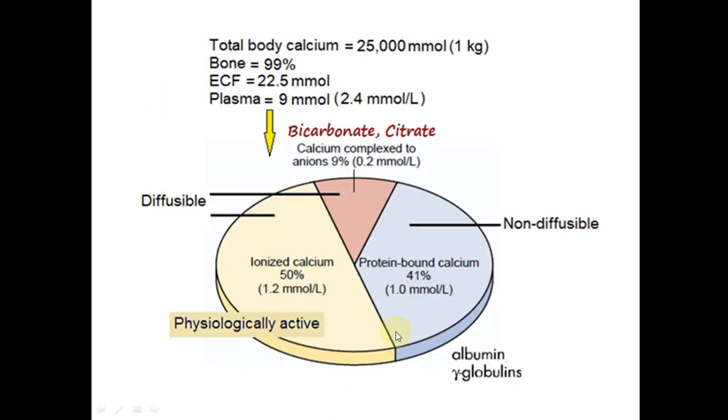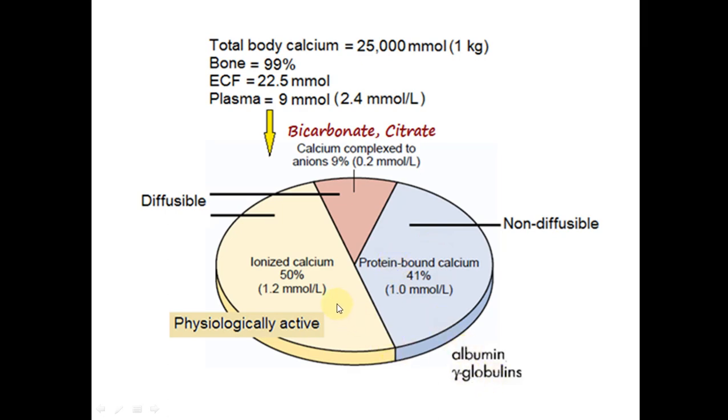Now, in the blood, calcium mainly occurs in two forms. One form is the diffusible form, which can cross the cell membranes, and the other is the non-diffusible form. The non-diffusible form of calcium cannot be used by the cells, and it is usually bound to proteins like albumin and gamma globulins.